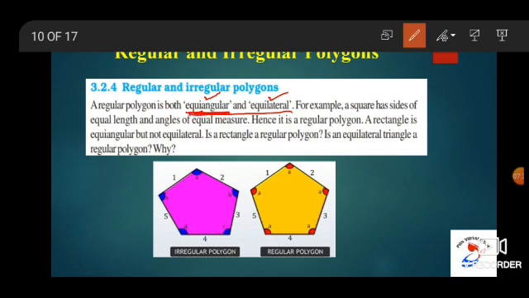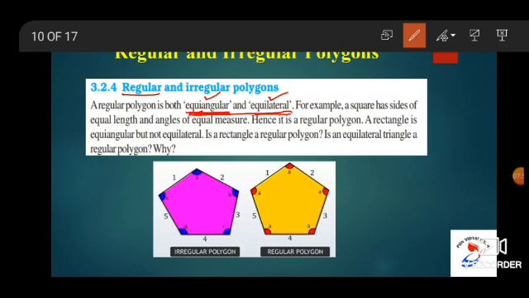Then come to the next term, that is equilateral. If I say equilateral, again equi means equal, lateral means sides. So equiangular means all equal angles and equilateral means all equal sides. So a regular polygon will be both equiangular and equilateral.